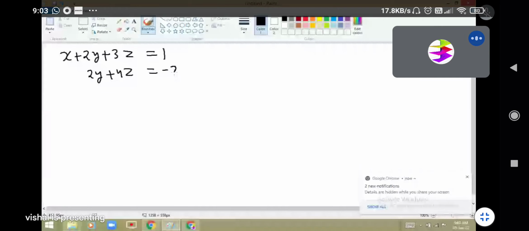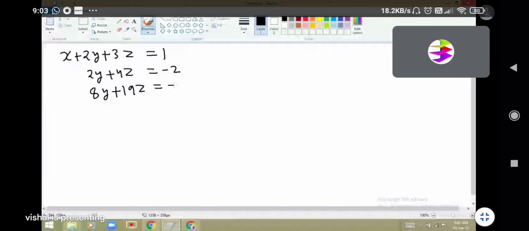This is equation number 4, this is equation number 5, and this is equation number 6. So our system of equations 1, 2, 3, after calculation becomes equation number 4, 5, 6. What are we going to do next? We will remove y from equation number 5 and 6, and we will get a new equation.